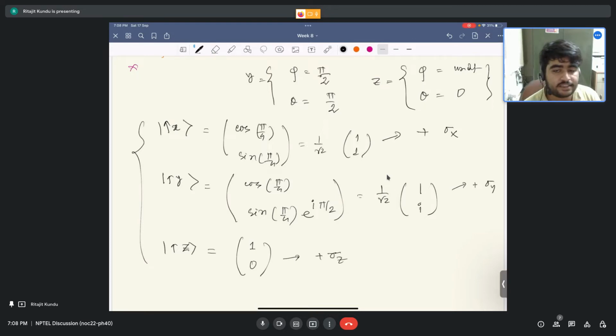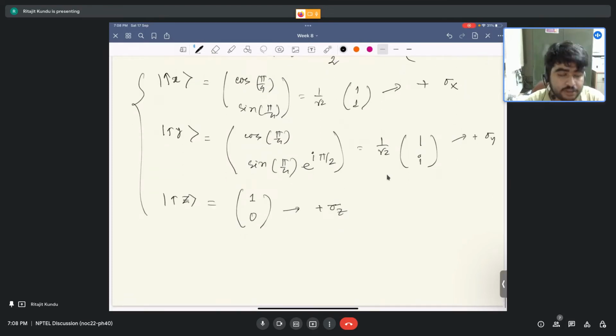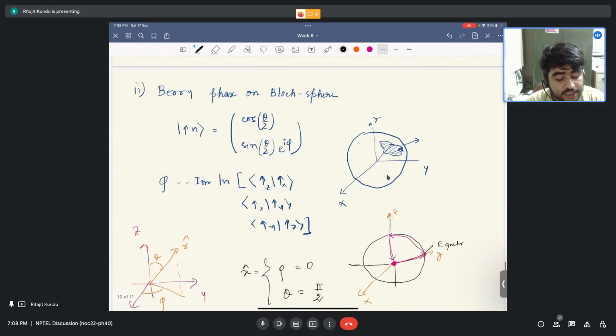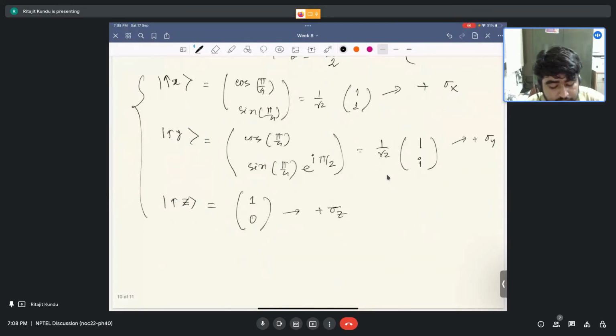Now what we want to do is calculate the Berry phase across the whole path. You see that this is the first octet, one of the octets. So you go ahead and calculate this quantity: up x, up y, up y, up z, up z, and up x.